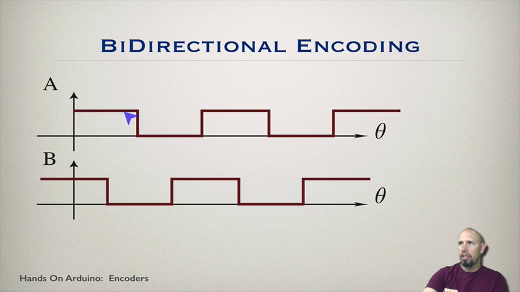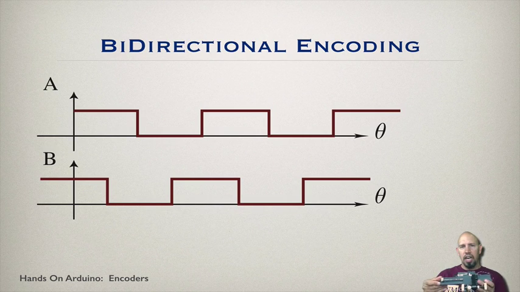Each of these channels has the same number of pulses per revolution, and if we wanted to use single channel decoding, we could just ignore one of the channels. We could use one of the channels and ignore the other. But again, for single channel decoding, you can only be going in one direction, only in the positive direction.